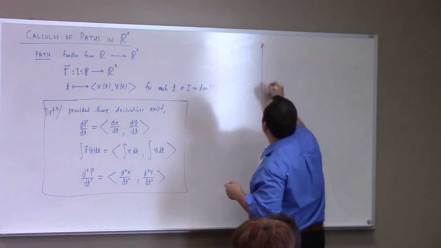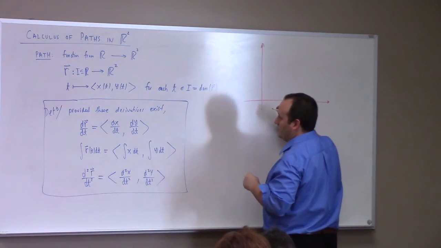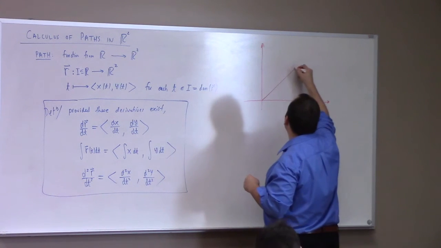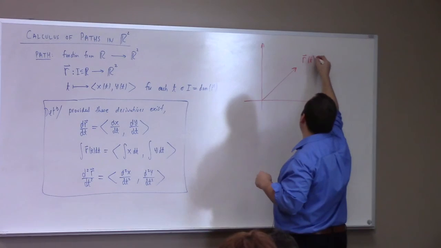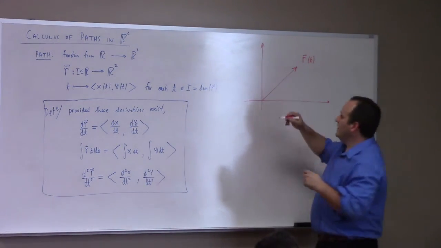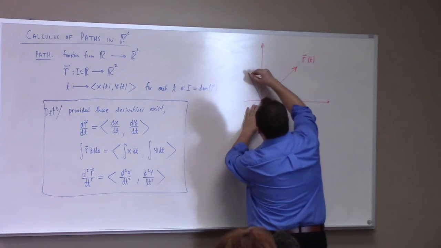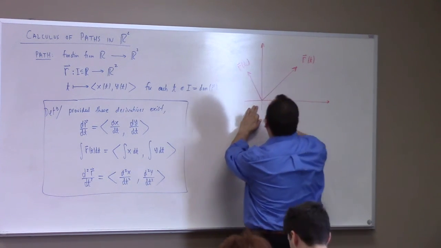I can draw a picture. And this path, R, here it is, R at some time t. Maybe R at t1 is somewhere else, at some other time.